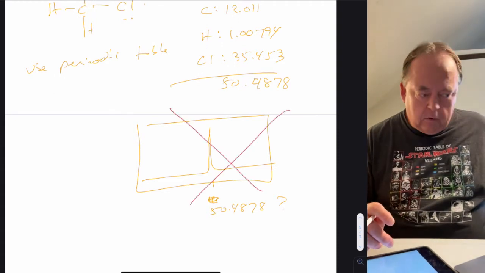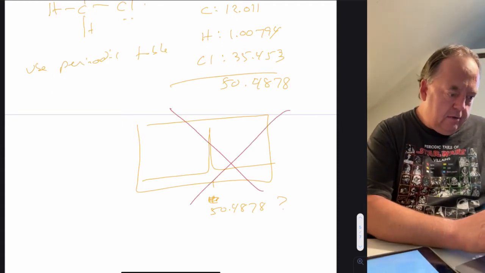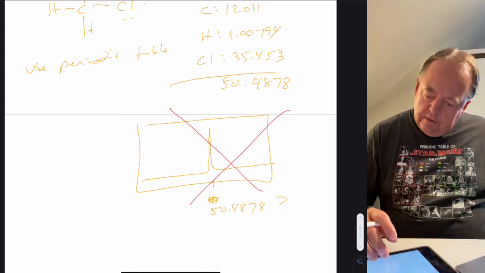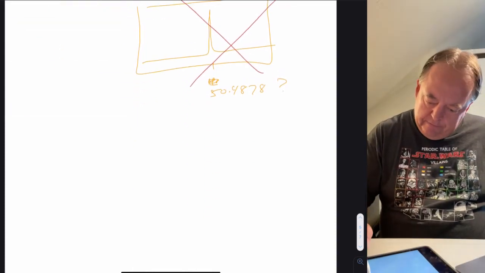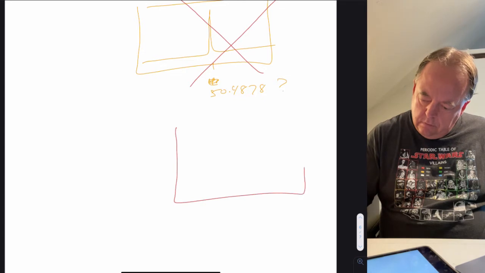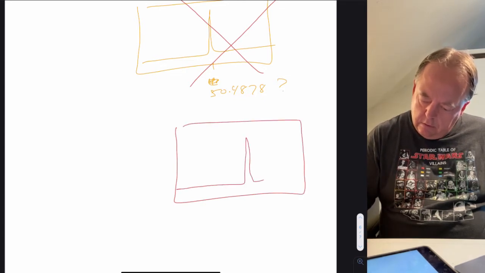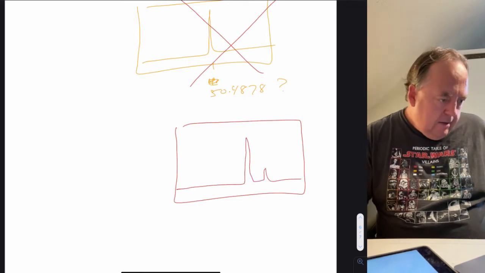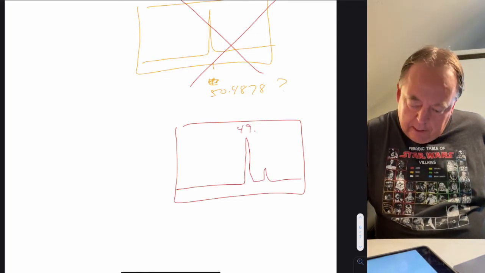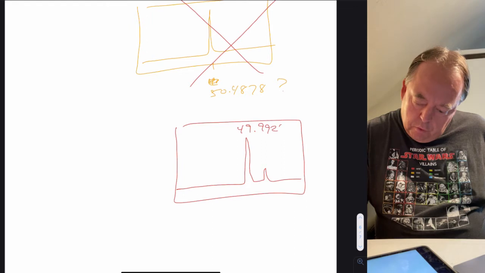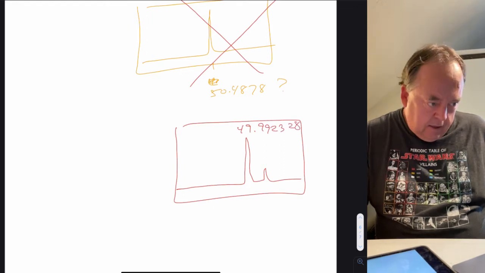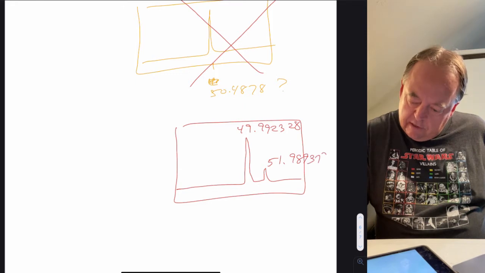That's not what your mass spec would look like, right? Why not? What it would look like instead is a peak at 49.992328 and 51.989378.